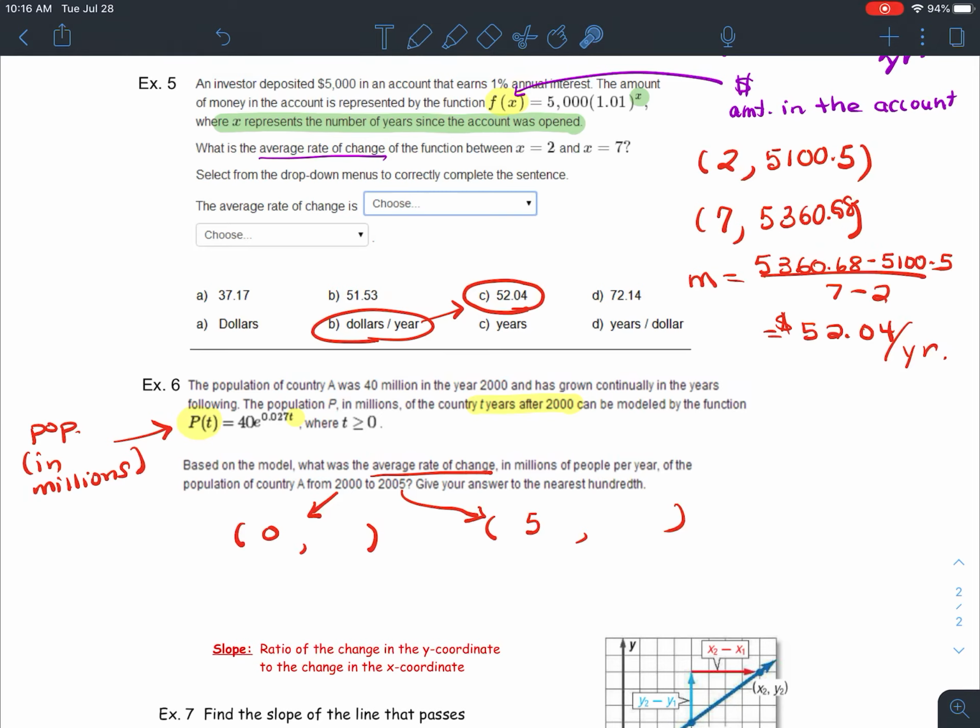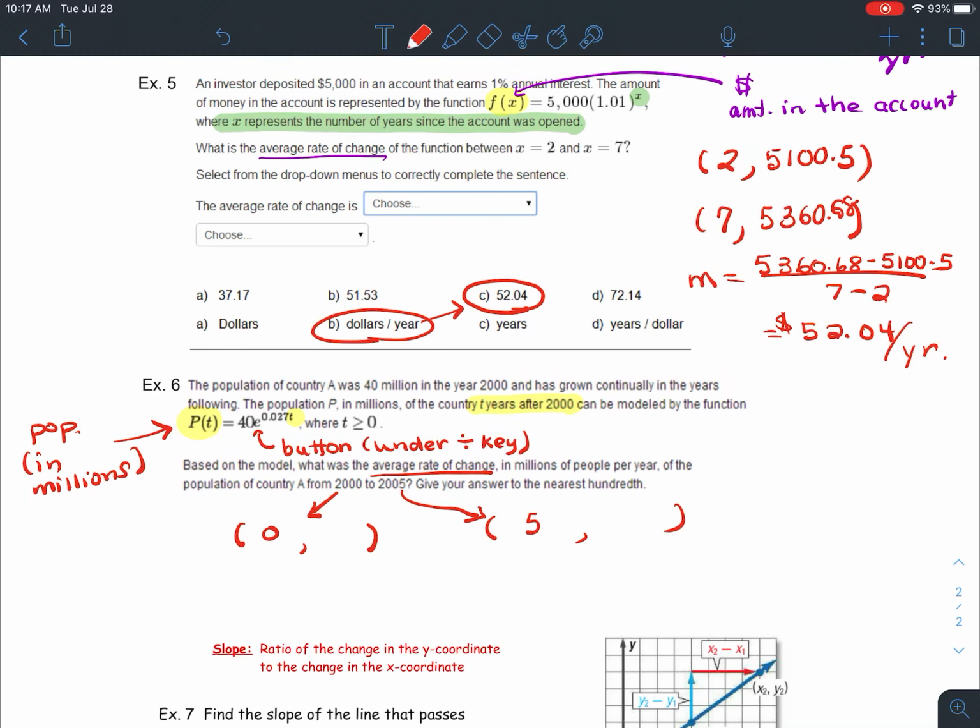Then what you're going to do, similar to what we did up here in example 5, we took our 2 x values and we substituted them in for the x on our calculator to get the y values. You're going to substitute 0 in for the t and type that into the calculator. By the way, this e that you are seeing right here, there is a button on your calculator for the e, and that button is under the division key.